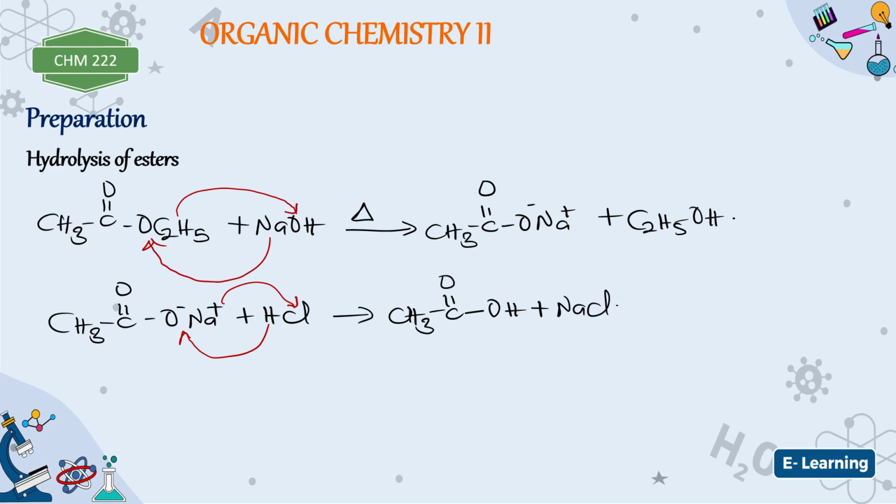Sodium chloride. What do we have here? We have the carboxylic acid, which in this case is what? Acetic acid. Is that okay? Exactly. So that is one of the methods of actually forming this.